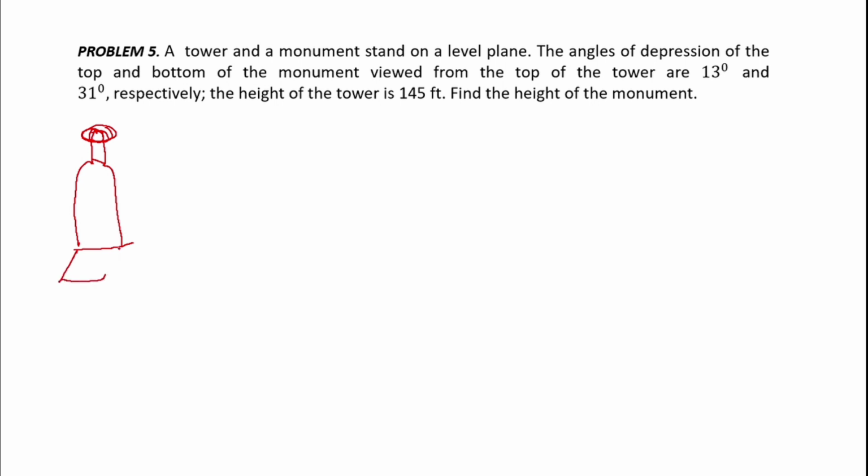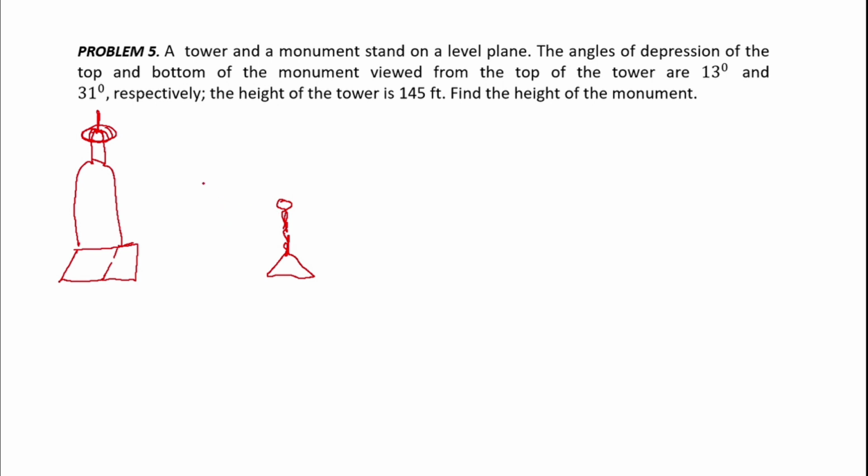Okay, assuming this is a tower here, from the top of the tower, and this is the monument. I'm good at drawing a monument. The tower and the monument stand on the level plane.